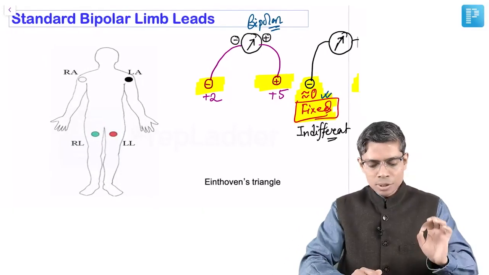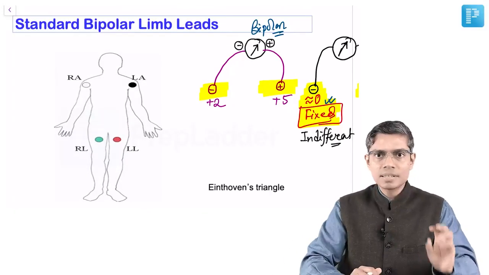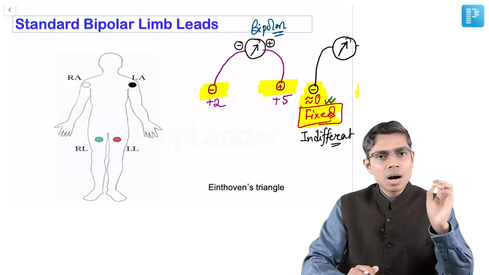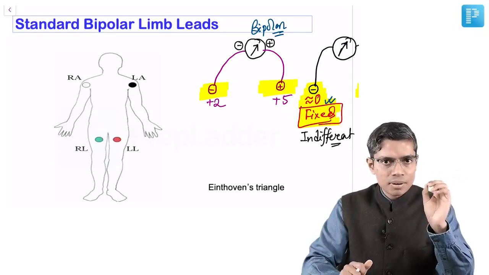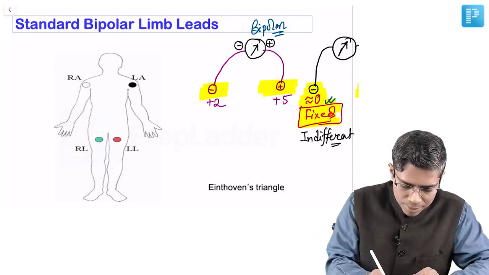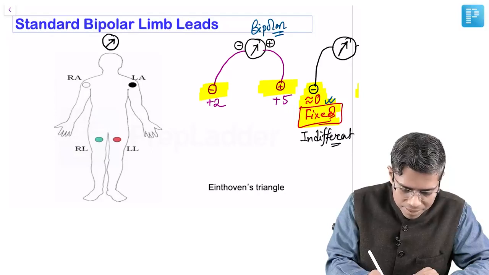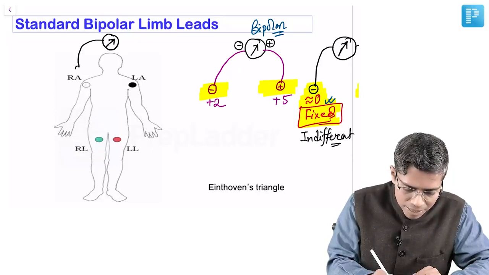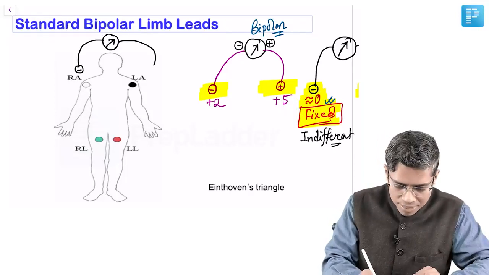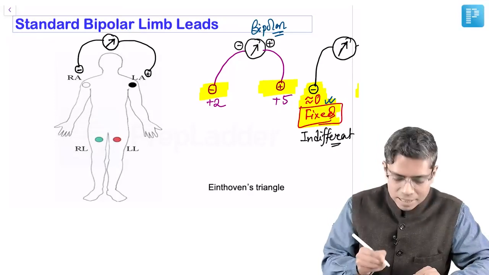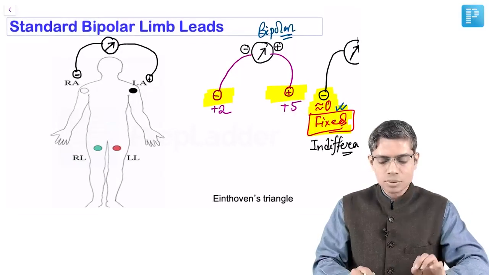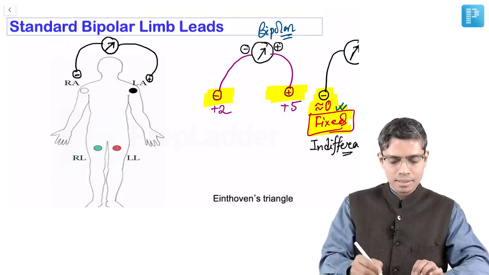Now I told you that the standard bipolar limb leads are 3: lead 1, lead 2, lead 3. So how are you going to connect your voltmeter for lead 1 recording? This is my voltmeter. If I connect the negative end of the voltmeter to the right arm and the positive end to the left arm, then that lead is known as lead 1, right?